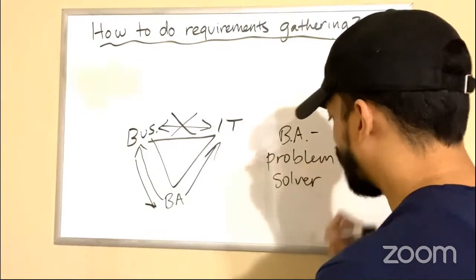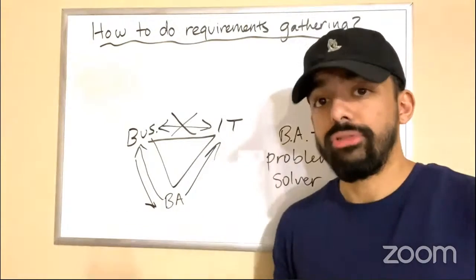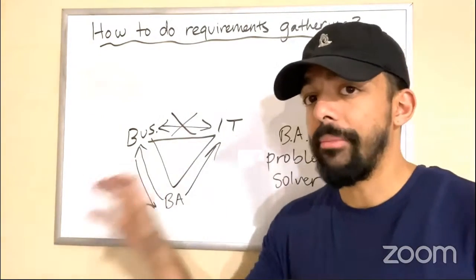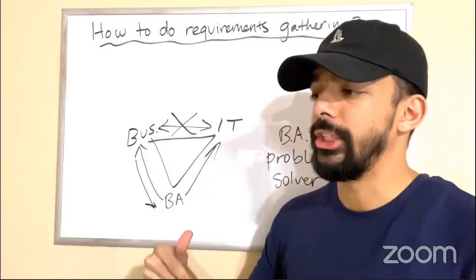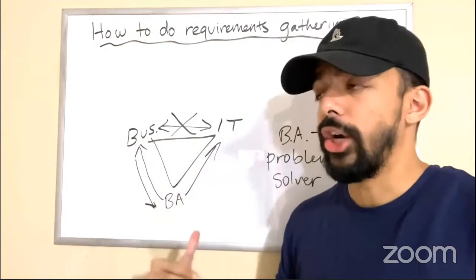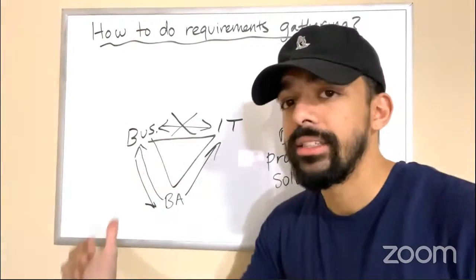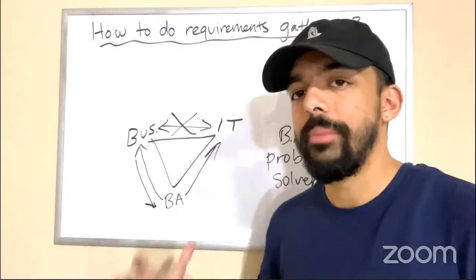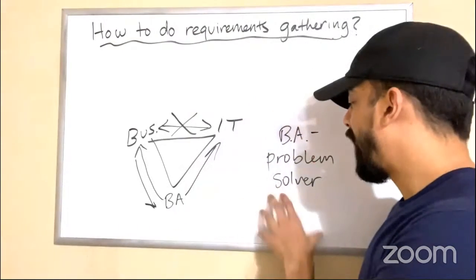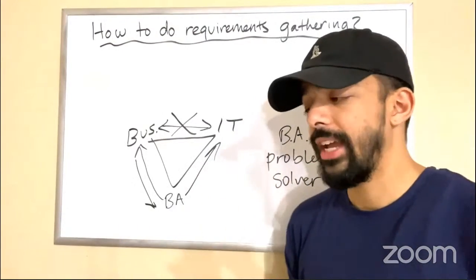The project is obviously going to have a problem. They are going to have something they are either trying to fix, achieve, enhance, or find a way to make work.